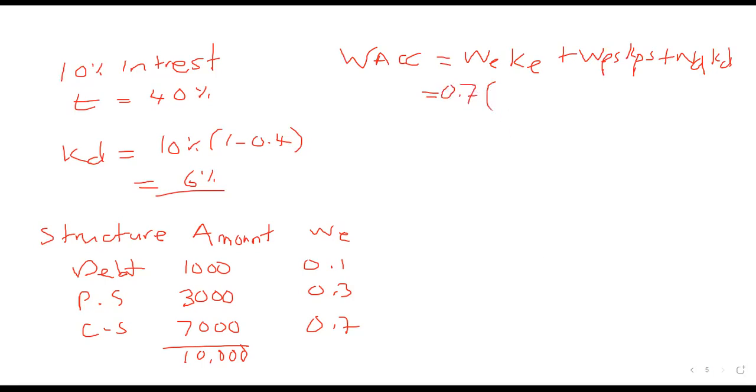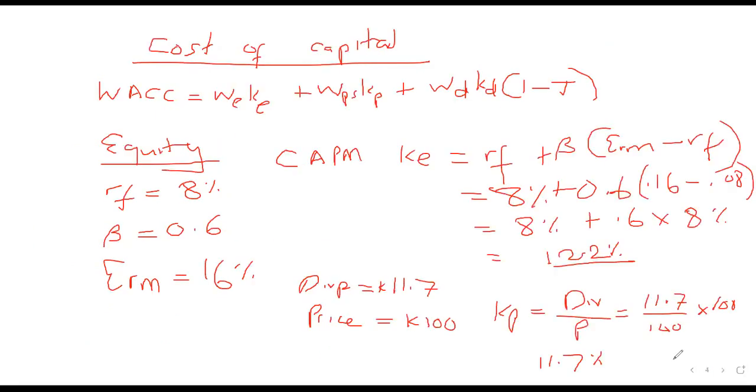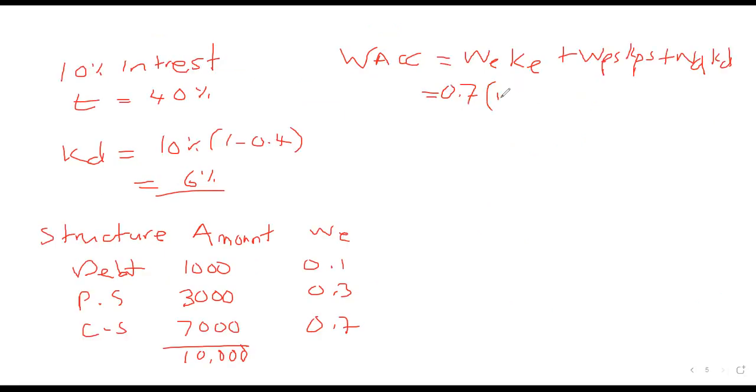And that was the cost. We use the capital model, we got 12.2%. So here you put 12.2%, plus the weight of preferred stock, 0.3, and the cost was 11.7%.